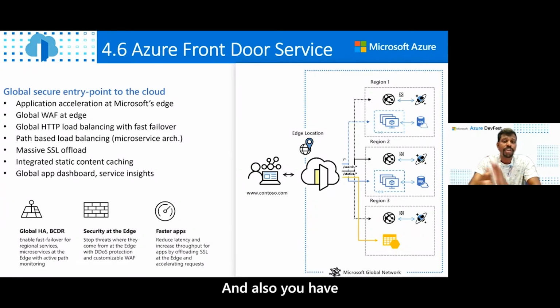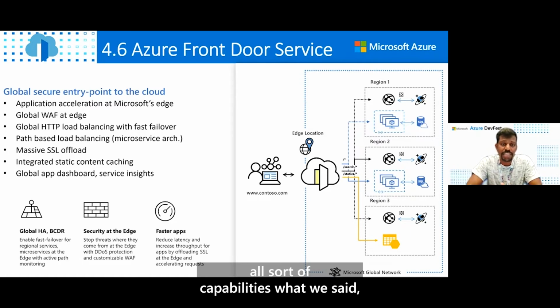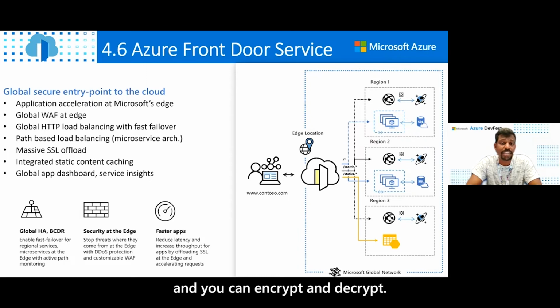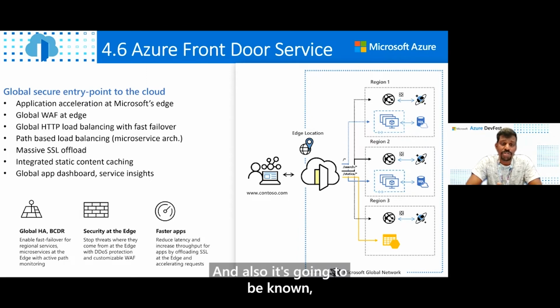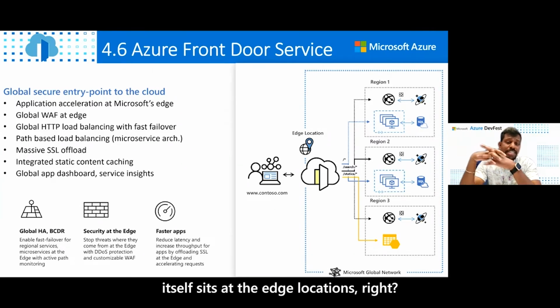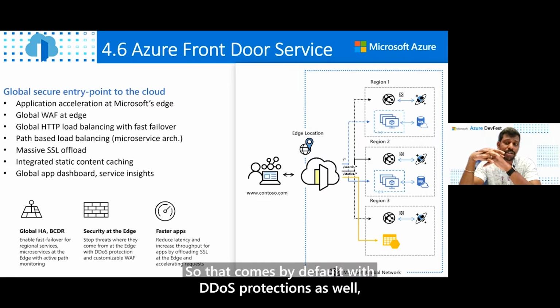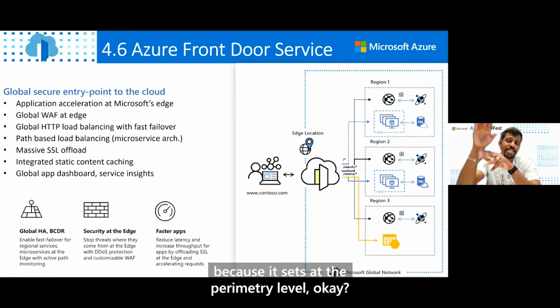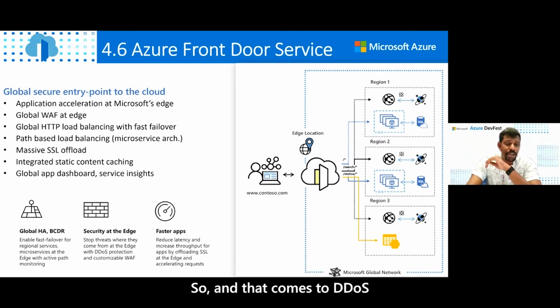You also can offload SSL, and encrypt and decrypt. Moreover, Front Door itself sits at the edge locations, so that comes by default as DDoS protection as well, because it sits at the perimeter level. Okay, and that covers DDoS and the perimeter layer of security.